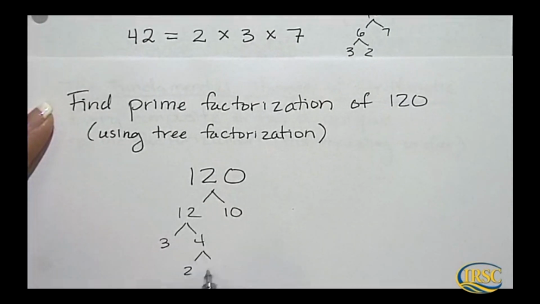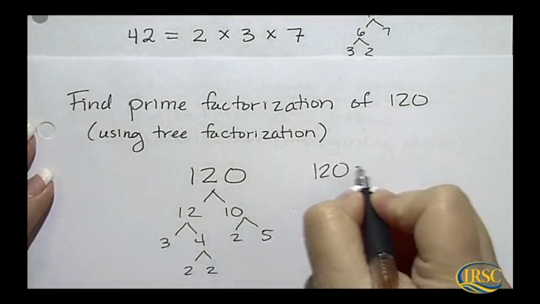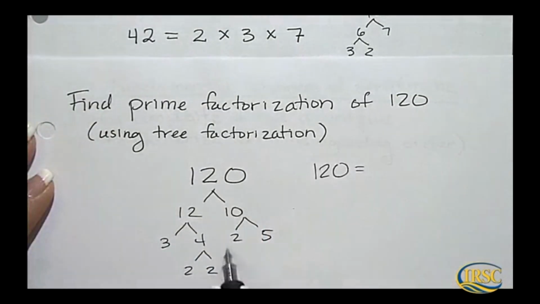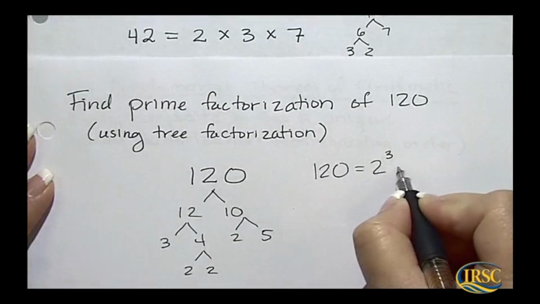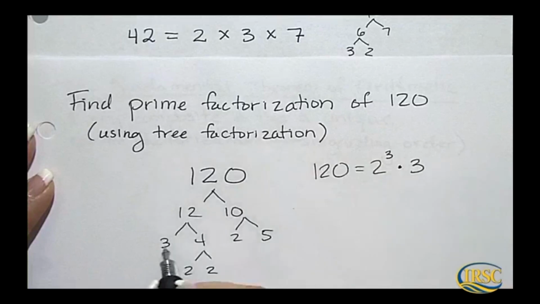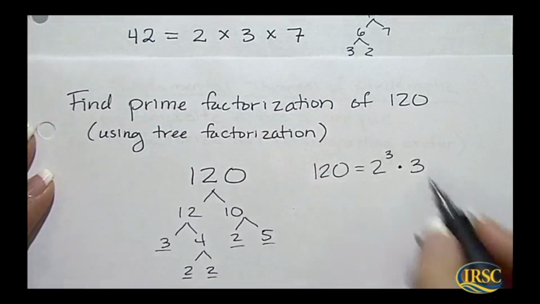And 4 is 2 times 2. And 10 is 2 times 5. So you have 120. Our smallest number is a 2. We have 3 2's at the ends of the branches. So 2 cubed, or 2 to the third, because there are 3 of them. Times 3, there's only 1 3, and you're only looking at the ends of the branches when you're done there. And then times 5.